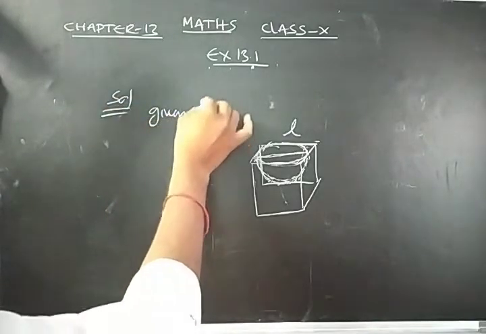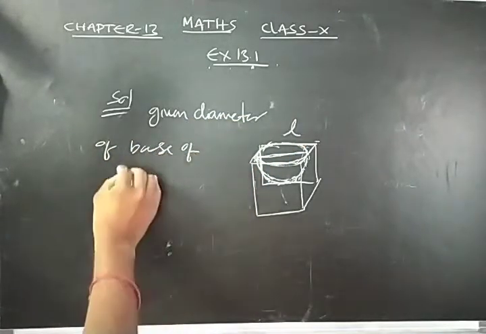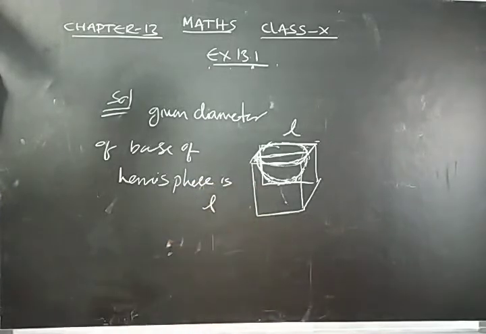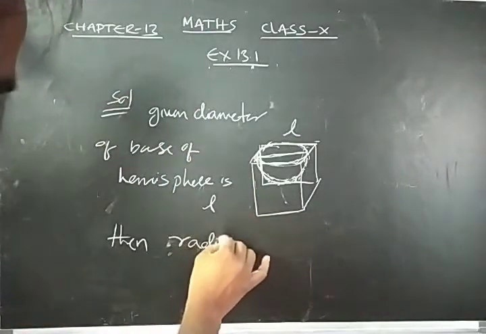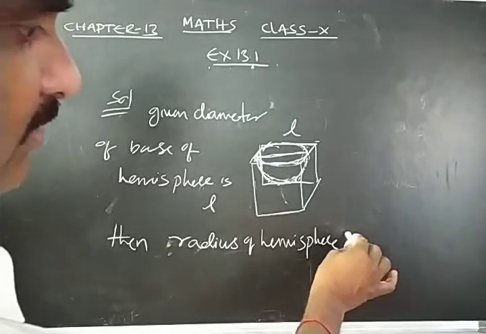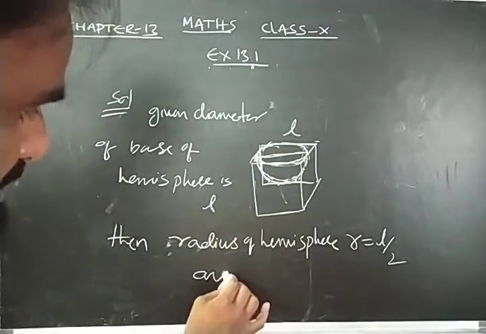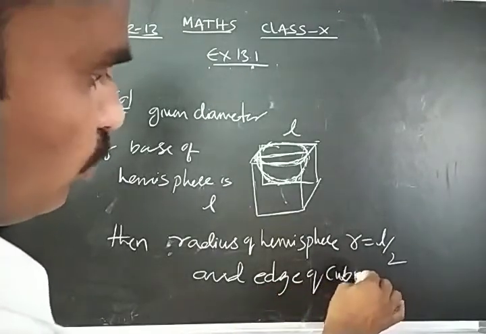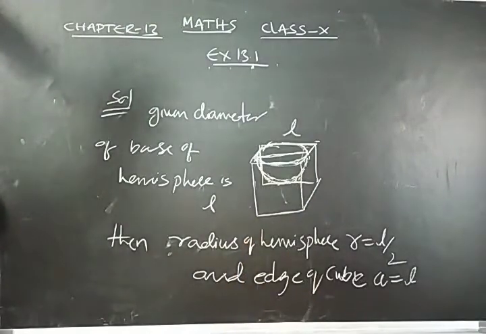Given: the diameter of the base of the hemisphere is L. Then the radius of the hemisphere, r, is L by 2, because the diameter is L. And the edge of the cube, taking the edge as a, is equal to the diameter of the hemisphere, which is given in the question.